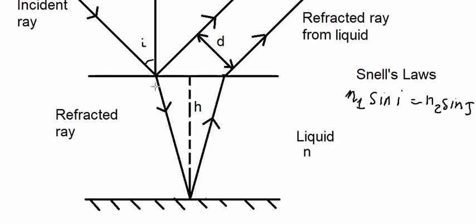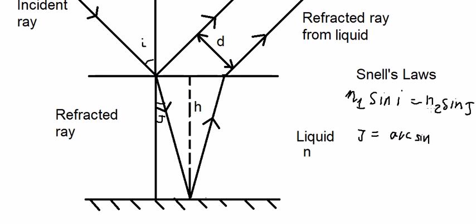So we have the angle J here. But they just give you I and N2, that's the liquid here. So we got J equal to arcsine.